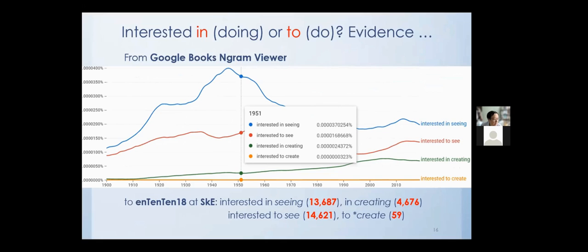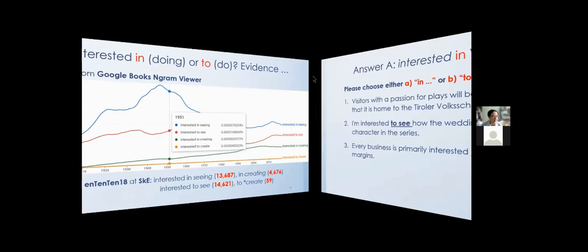So evidence is pretty clear that in seeing and to see can be used interchangeably perhaps, and in creating is much preferred than to create. To create we can mark perhaps it is incorrect or uncommonly used, it's not preferred.